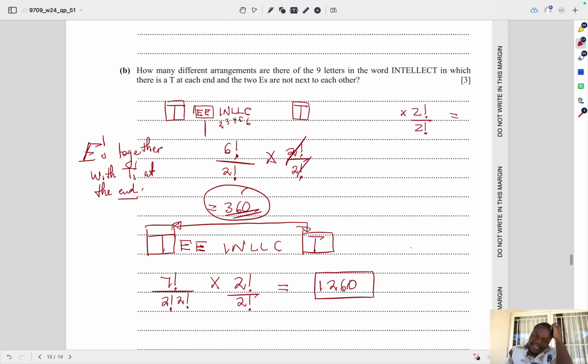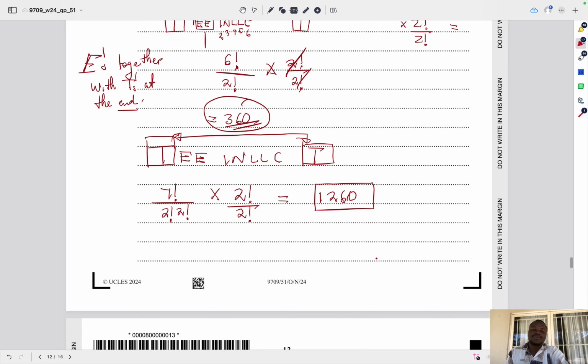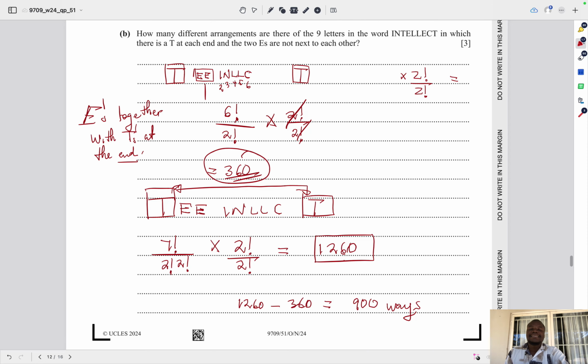So if we want to find the number of ways in which the E's are not next to each other and the T's are at both ends, then we must subtract the 2, which is 1260 minus 360. So this gives us 900. Meaning there are 900 ways in which the T's are at both ends and the E's are not next to each other.